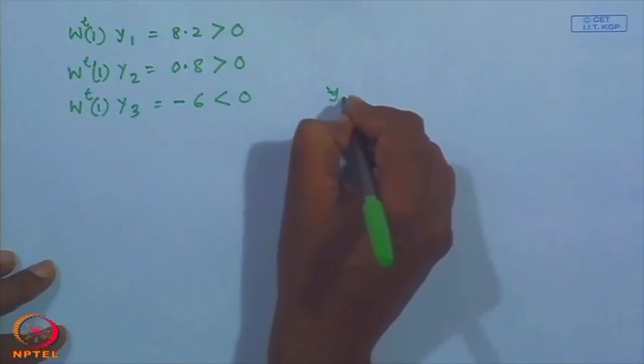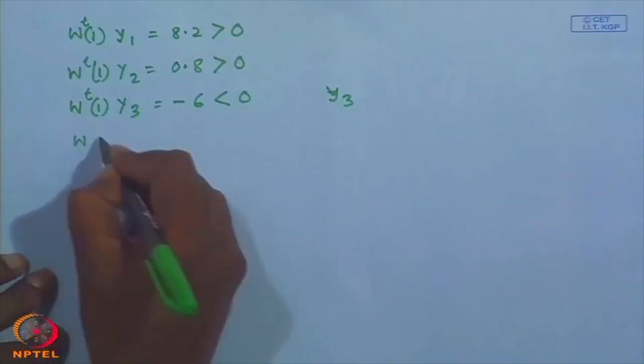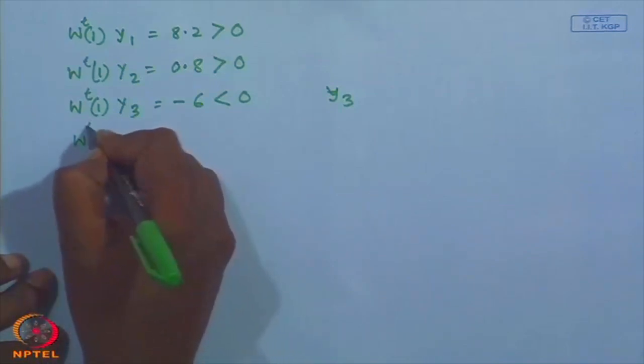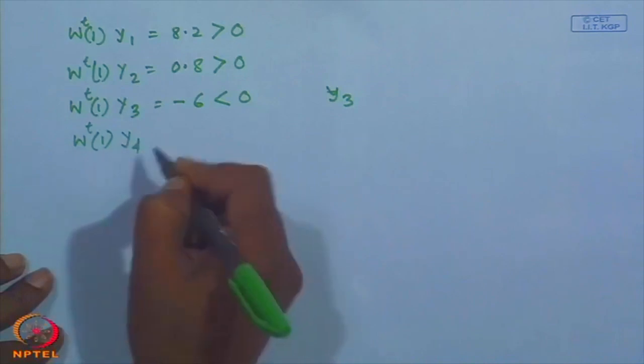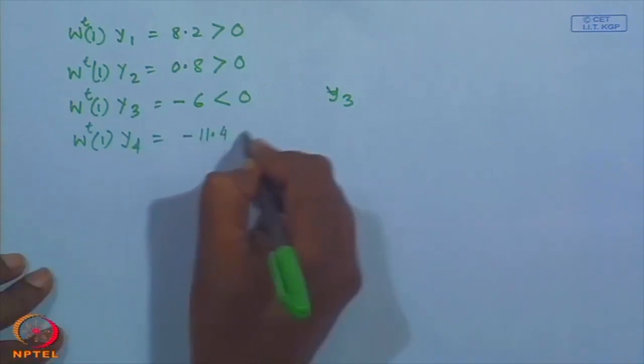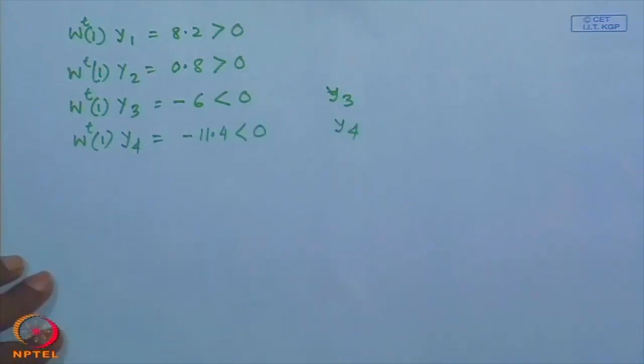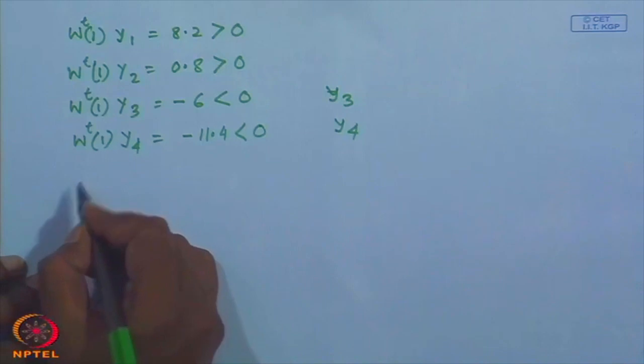That means this y3 has to be used for modification of W. Similarly, W1 transpose y4, if I compute, will be minus 11.4, which is again negative. So, y4 has to be considered for weight updation at the next iteration.